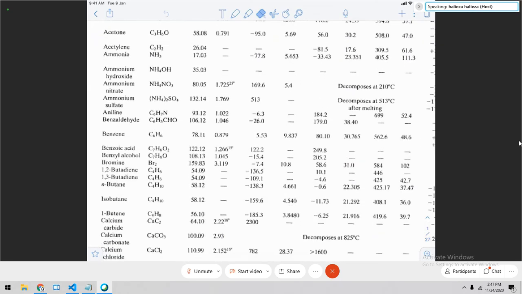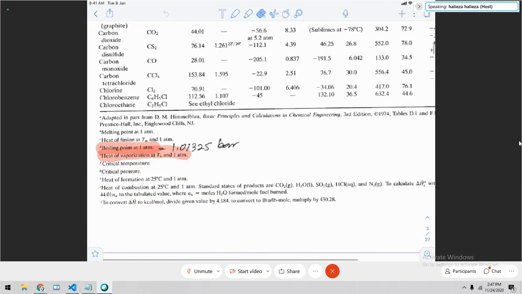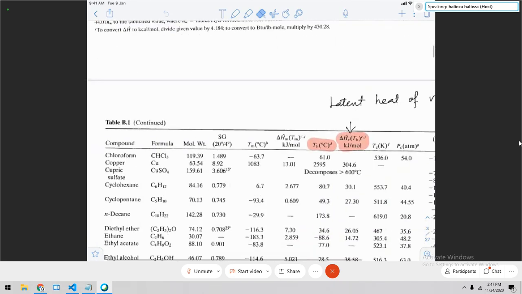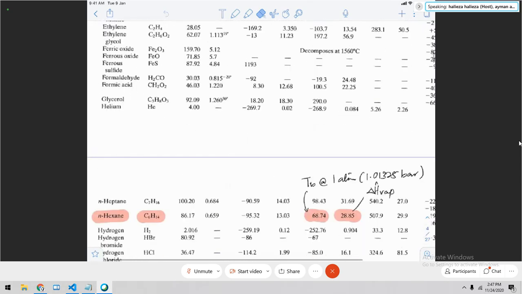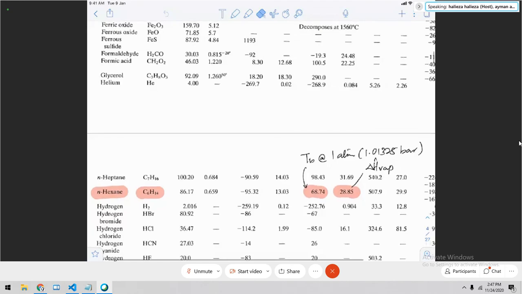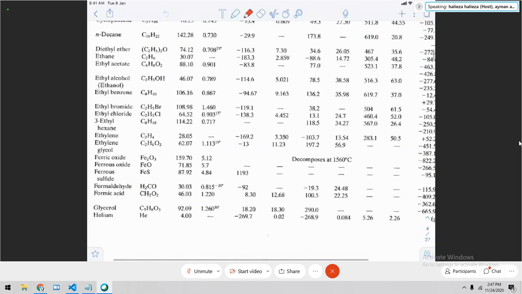Where is our compound just now? What is the compound just now, guys? Methanol. Okay, hexane or is it methanol? Hexane, isn't it? Hexane, okay. So, any information here that we can use? The specific gravity.